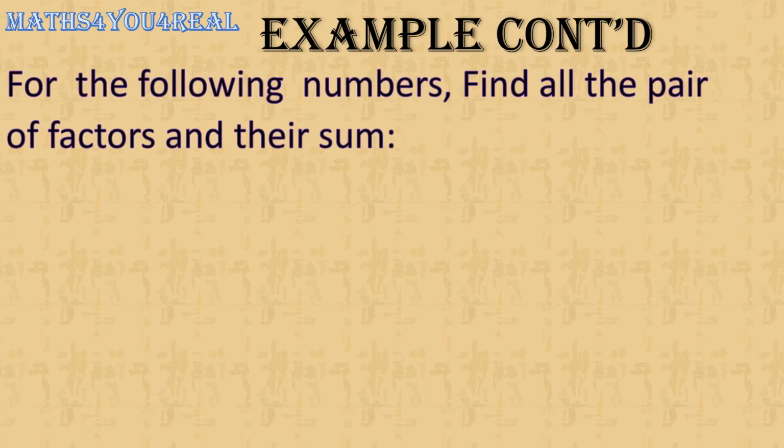For the following numbers, find all the pairs of factors and their sum. The factors of -20 encompass both positive and negative values. Therefore, we divide -20 by the first few negative factors, -1, -2, -4, and by the first few positive factors, 1, 2, 4 as follows.